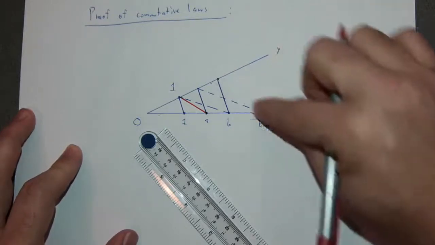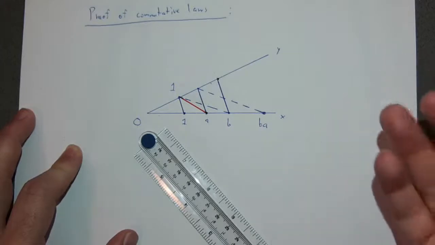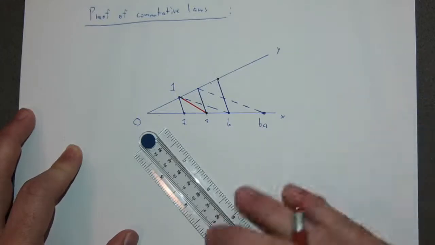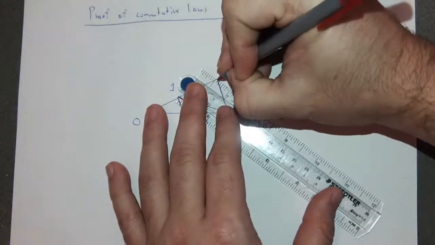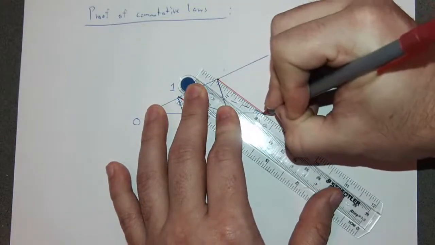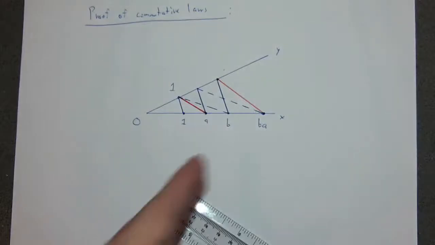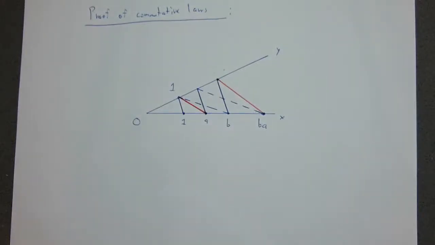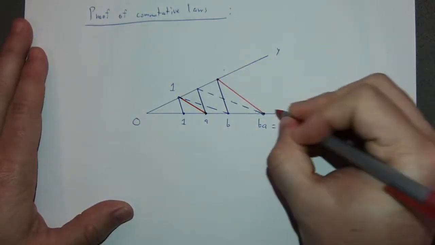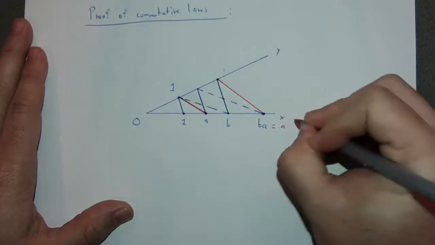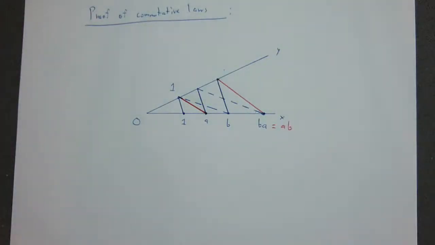But that construction line that I've drawn is the one that constructs A times B. And so if indeed this is the line I get that is parallel, it looks like it from the picture, but of course just looking like it from the picture is not a proof. But I claim that when I do this, these two points are equal. And so B times A is equal to A times B.